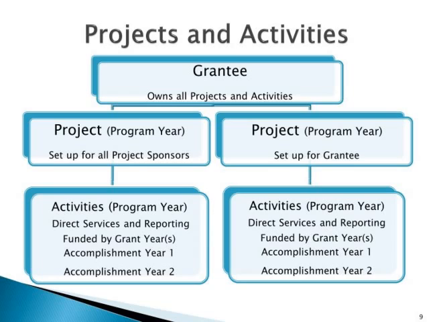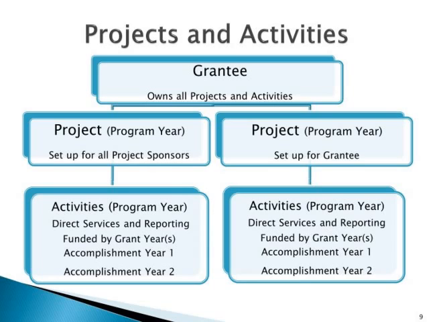Each project will be identified in the system by a single program year. Under each project, the grantee will associate activities also identified by the same program year. The mix of activities you set up should match those established in your consolidated plan and your annual action plan. There will most likely be multiple activities associated with each project.